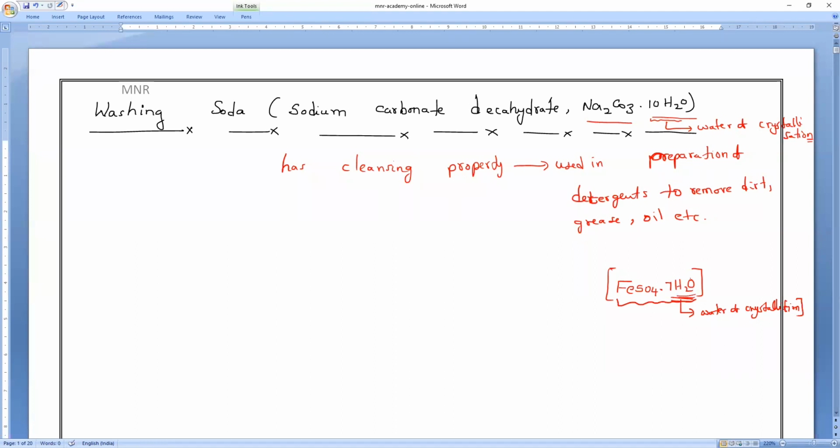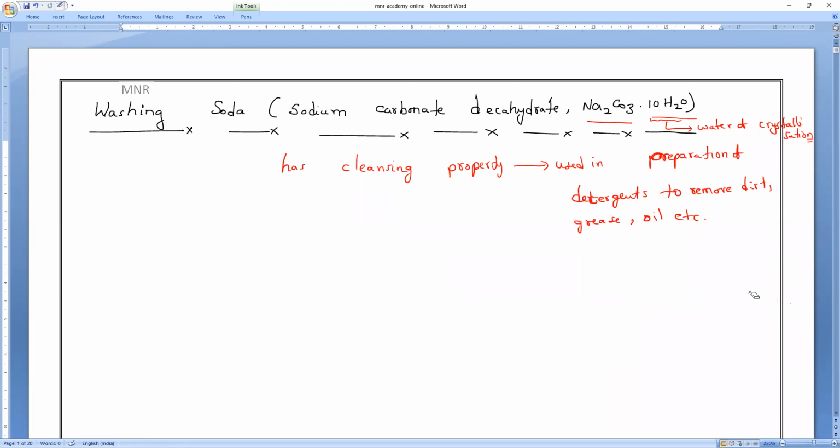If this water is removed from these compounds, they will turn into powder form or amorphous form. That is all in detail we'll discuss when we study water of crystallization in this chapter. So now you just remember, what is the water of crystallization in washing soda, everybody? 10H2O. That is what you have to remember.